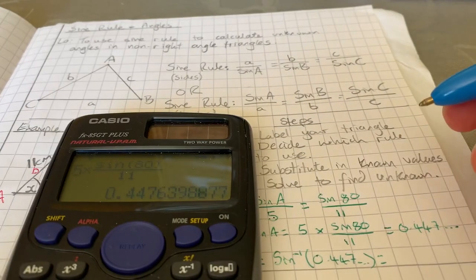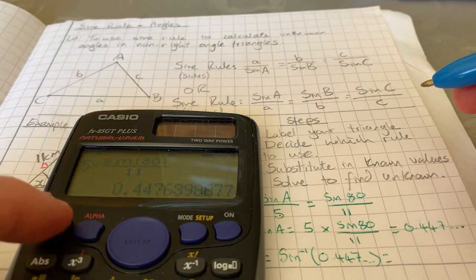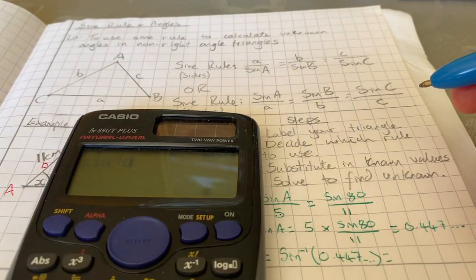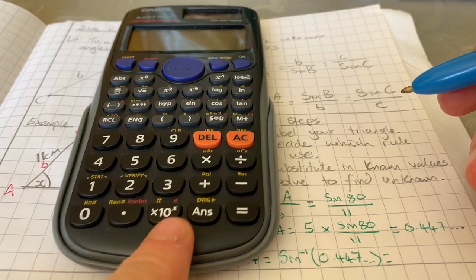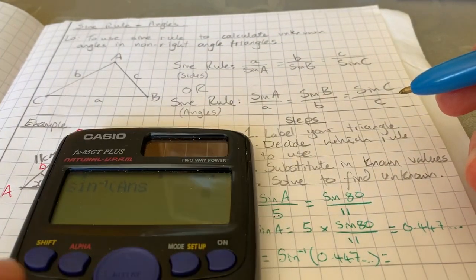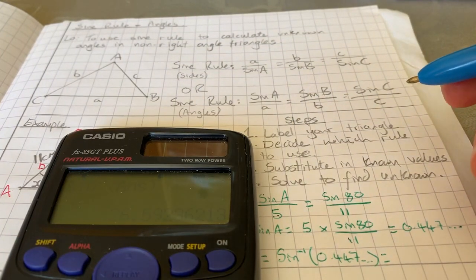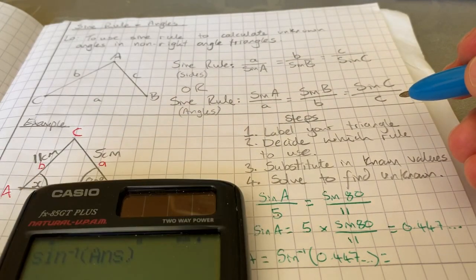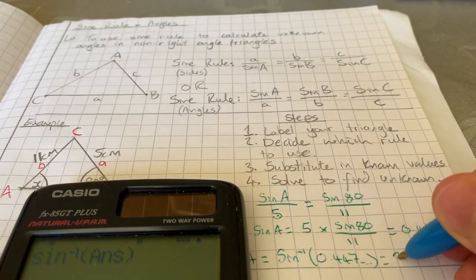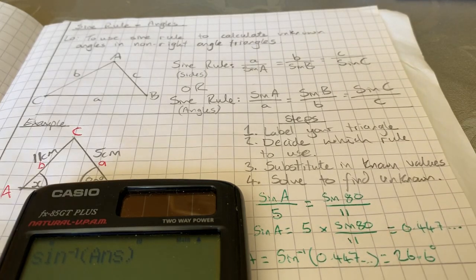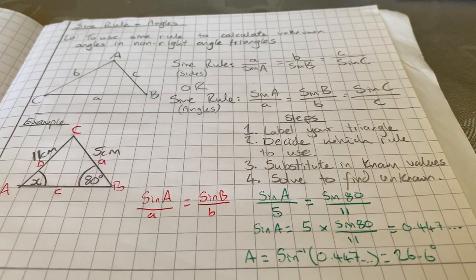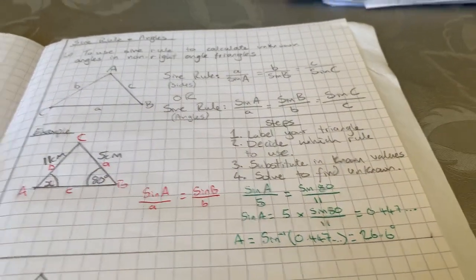To do that, press shift sine and then the ANS button at the bottom. Put that in, that's your answer, hit equals, and then you'll get the angle that you want. So that is 26.6 degrees.